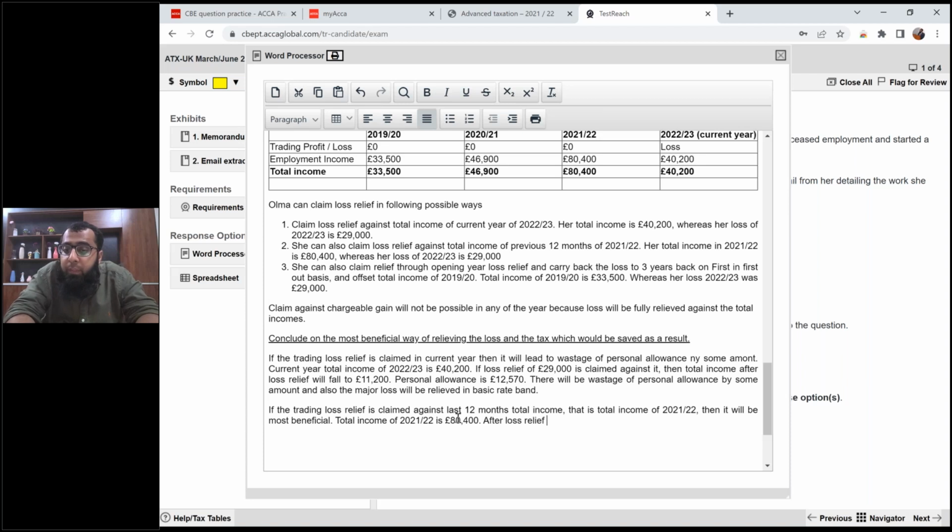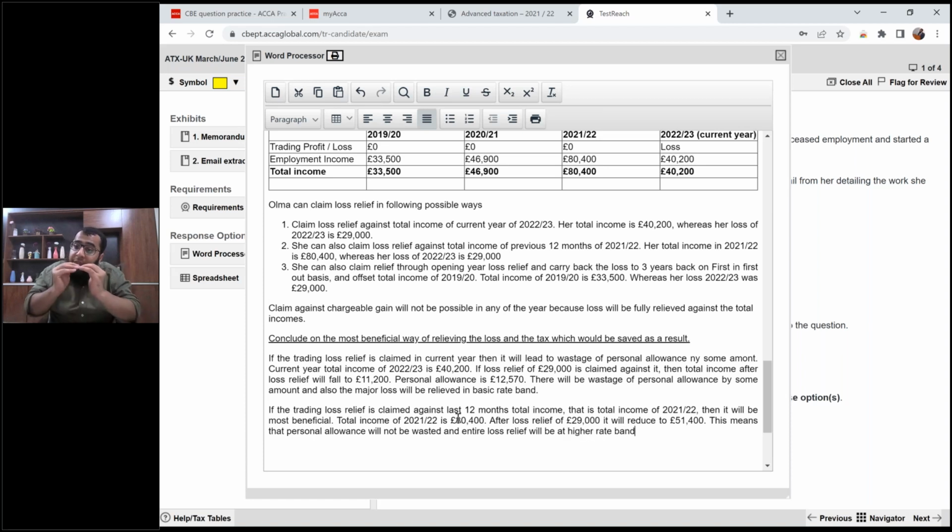After loss relief of 29,000, it will reduce to how much? 80,400 minus 29,000. It will reduce to 51,400. This means that personal allowance will not be wasted and the entire loss relief will be at the higher rate band, because 51,400 is above 37,700.